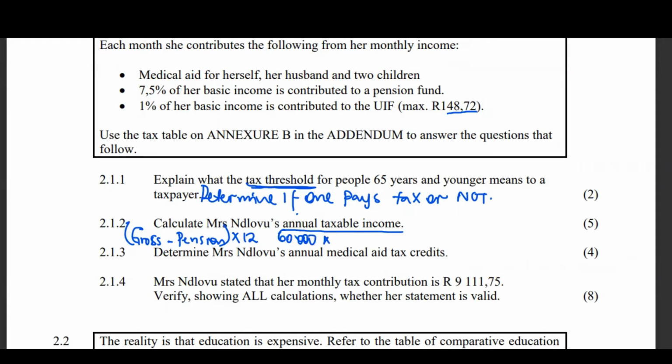Now first and foremost, the gross we are told is 60,000. Since we are looking for pension, we shall subtract 7.5% of the basic income, and multiply everything by 12.